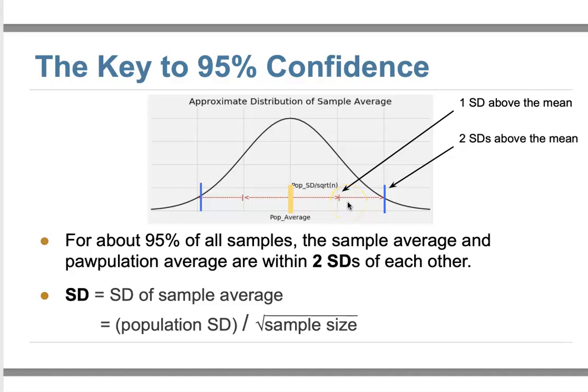Because remember, we are not getting 10,000 samples. We only get 1 sample average, and this sample average may be here. So we see how far it is from the population average, that's a relative distance. But no matter what, with 95% confidence, after we get our average from 1 sample, it will be within 2 standard deviations of the population average.